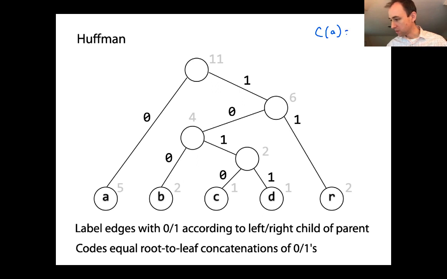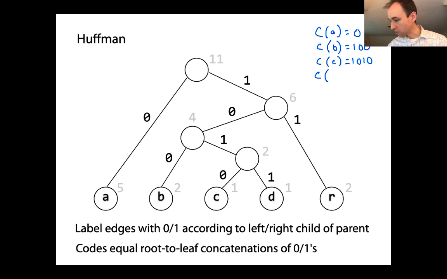Nice and simple. All right, the code for B is going to be 1, 0, 0. Okay, the code for C is going to be 1, 0, 1, 0.